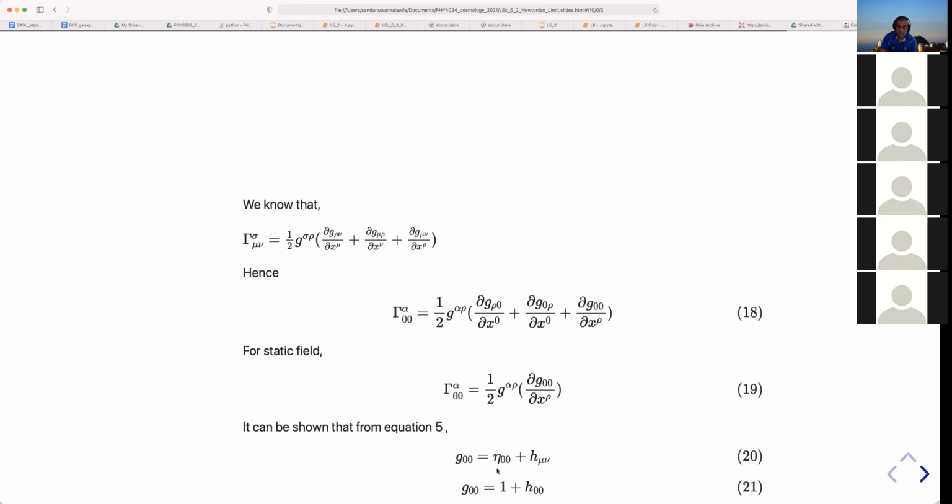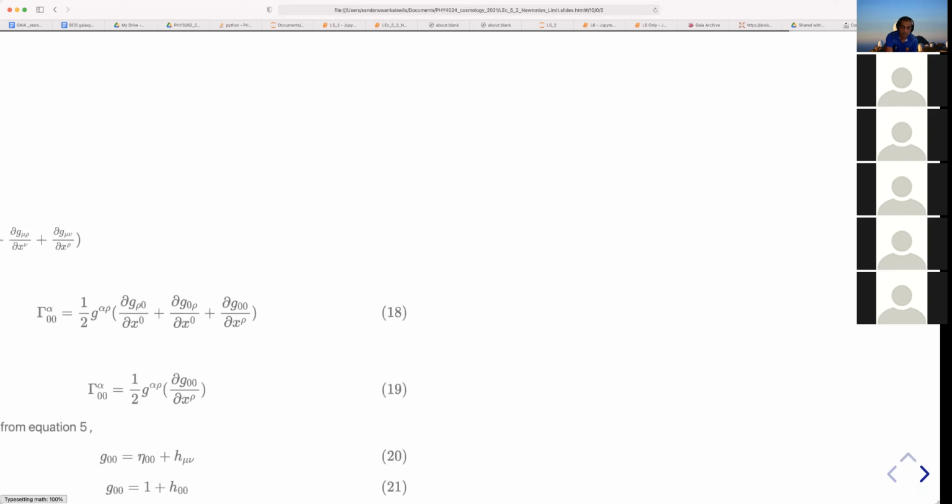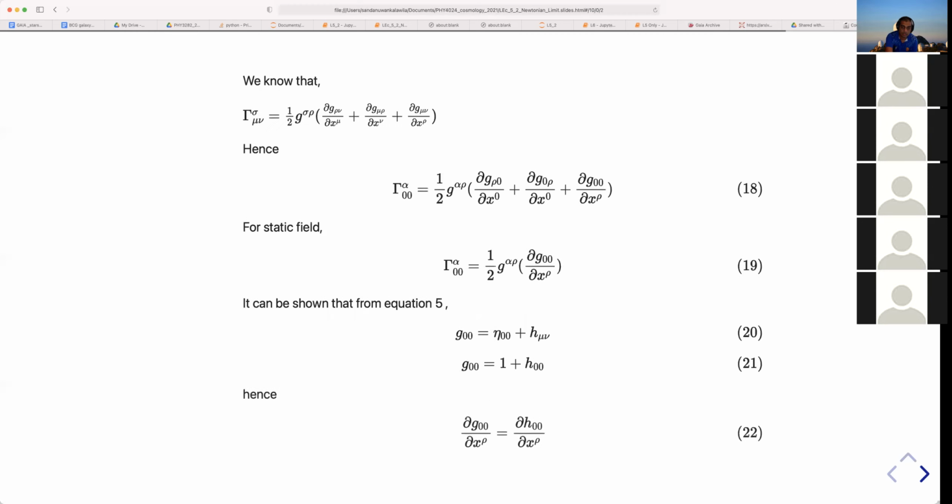You can see that we have this equation right here, the derivative of h00 with respect to x rho, which means in equation 19, you have this derivative which you can substitute from this component right now in equation 22, right?